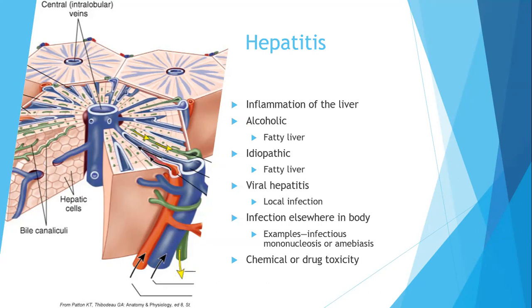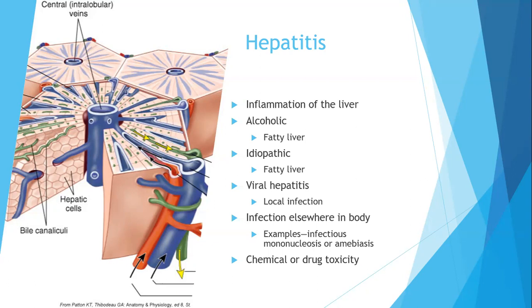There are different types, and we'll talk specifically about the different types. But there are vaccines for a lot of them, and most healthcare workers are vaccinated against hepatitis because we're more likely to be exposed to other people's body fluids than the average person.